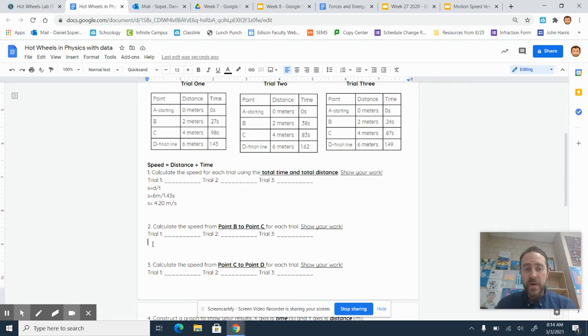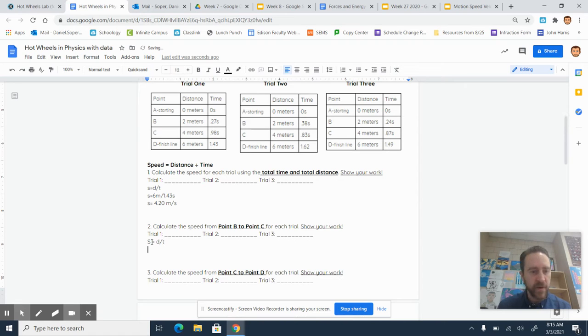Number 2 says calculate the speed from point B to point C, so that's going from B to C on the table. Let's do the first one together. Remember, speed equals distance divided by time. My distance is going from 2 to 4 meters, so 4 minus 2 is 2 meters, divided by the time it took to get from here to here.